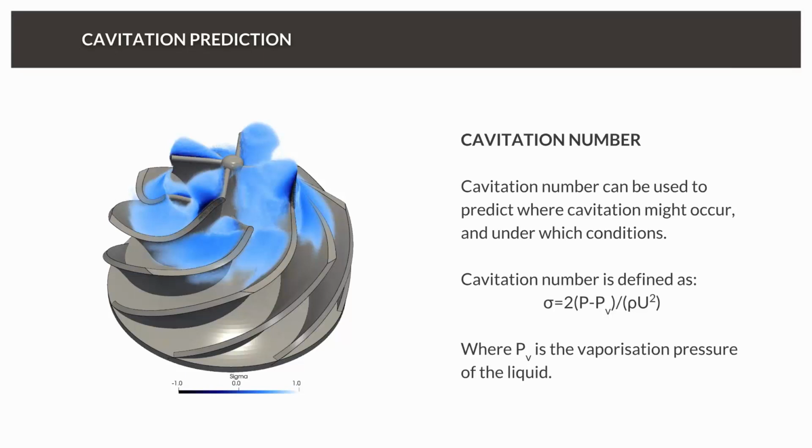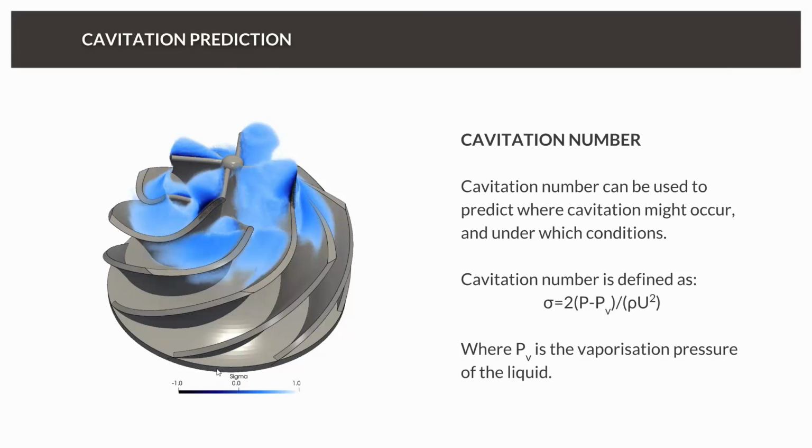And these cavitation bubbles can really create damage to your pump, and usually measuring cavitation is a very hard task, because with CFD you can just calculate it based on this formula, where PV is the vaporization pressure of the fluid, and you have the pressure of the fluid as well as density and the velocity.